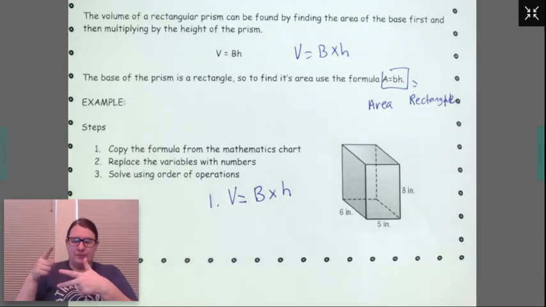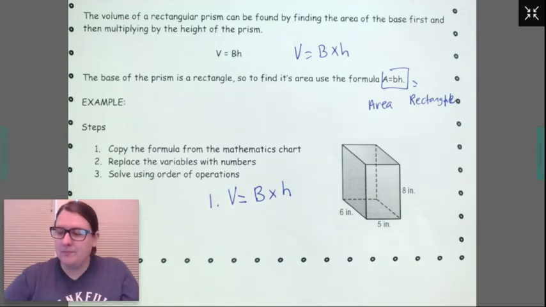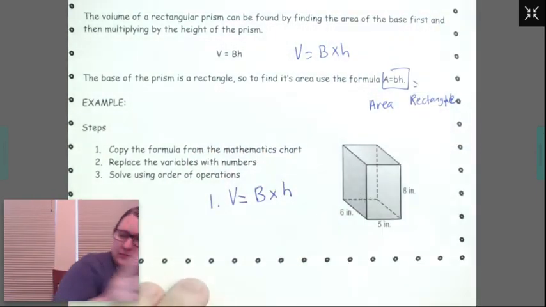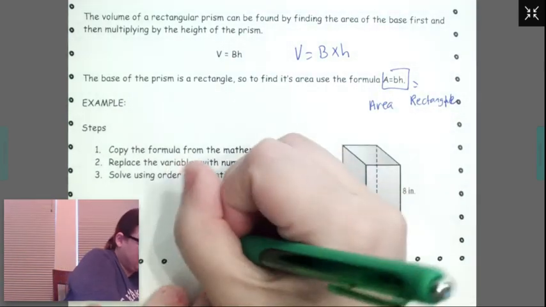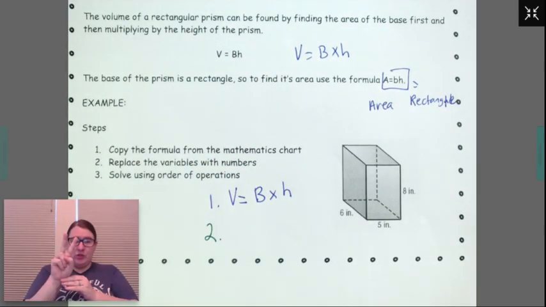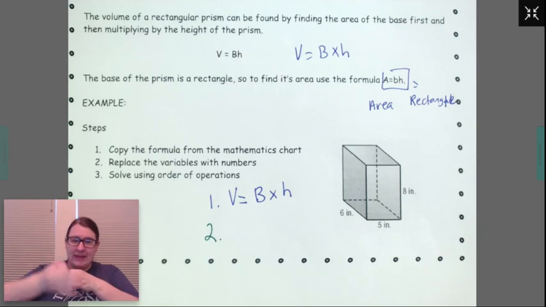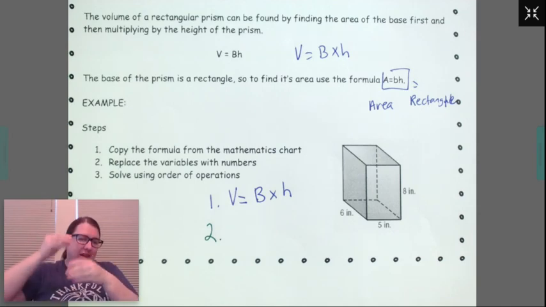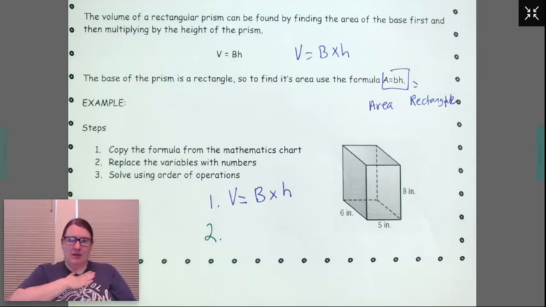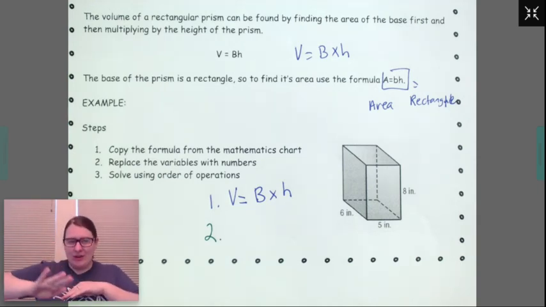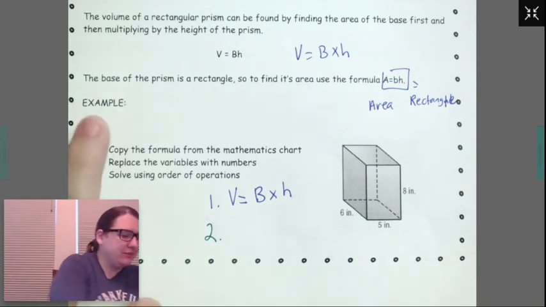So for 1, I copied volume equals base times height. For number 2, before I replace those variables with numbers, I'm going to add into my formula the area of a rectangle.